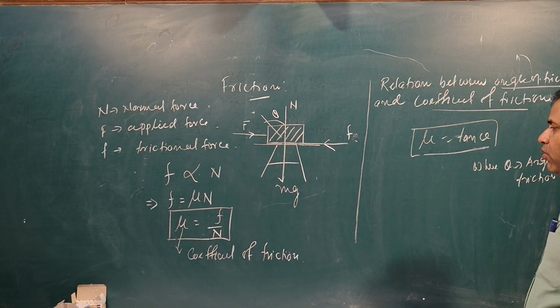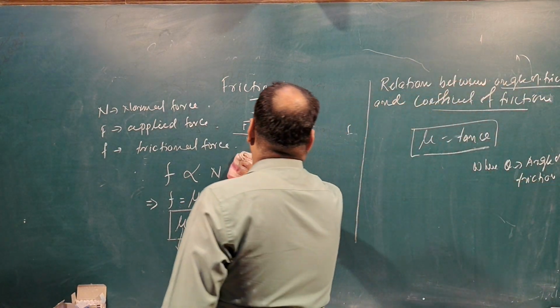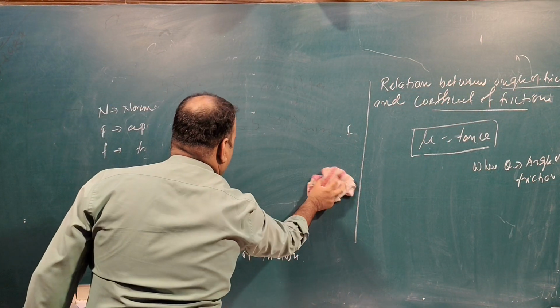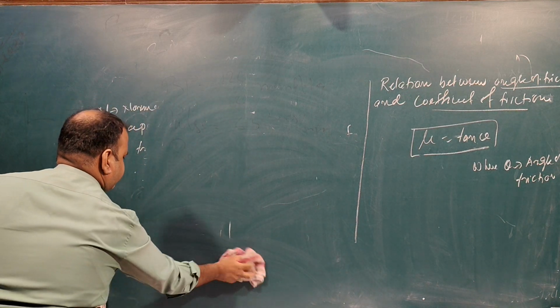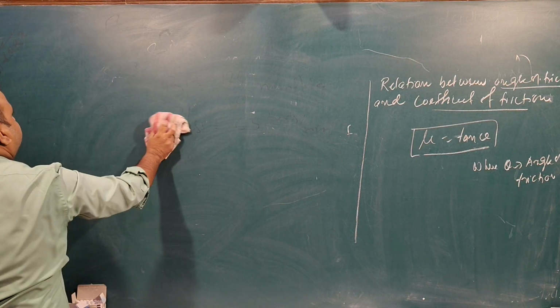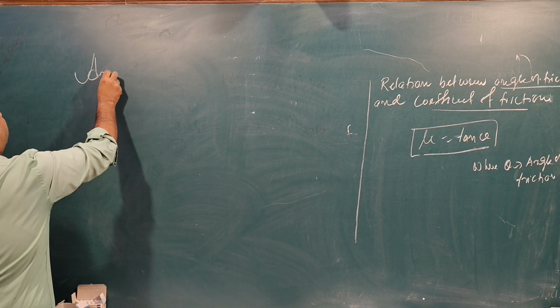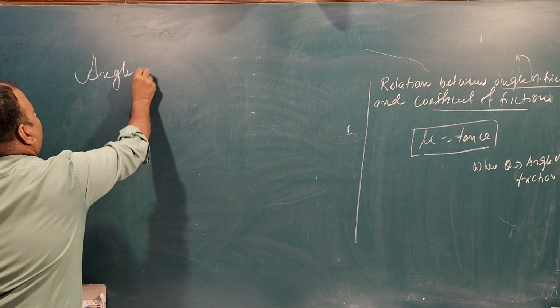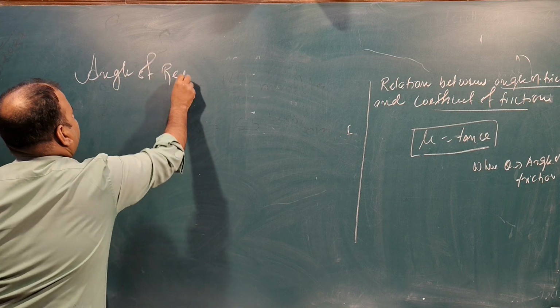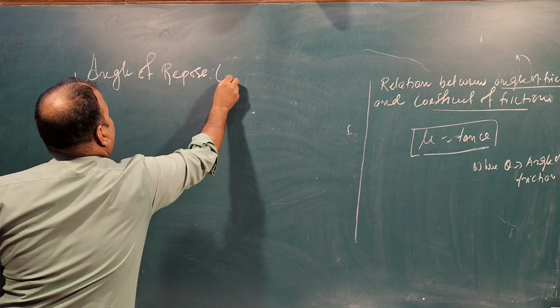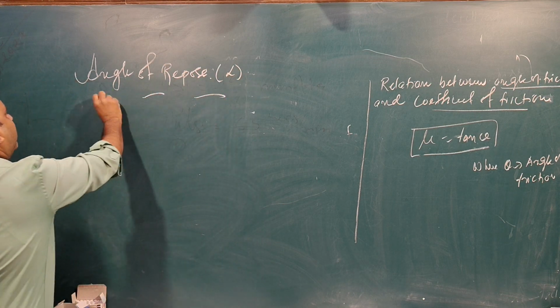Angle of repose. So what is the meaning of angle of repose? You can see here, angle of repose. That means alpha. This is called angle of repose.